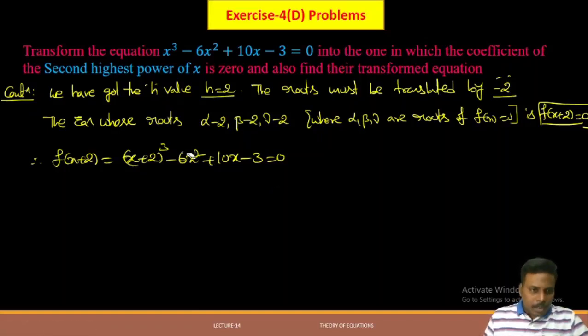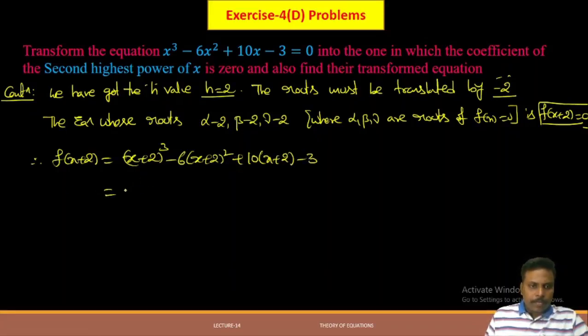Sorry, I think I have to write it like this: minus 6 into x plus 2 whole square plus 10 into x plus 2 minus 3.